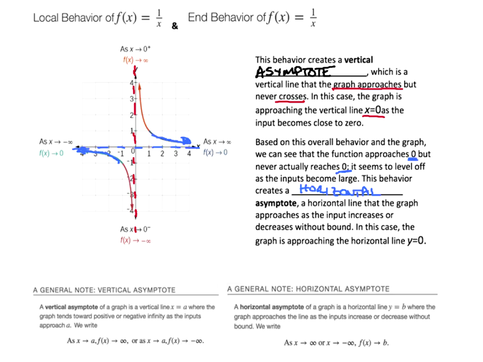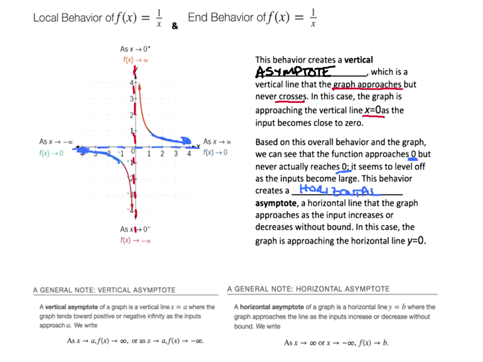Okay, a general thing to note about each of these types of asymptotes. The vertical asymptote of a graph is the vertical line x equals a, where the graph tends towards positive or negative infinity as the input approaches a. We write, as x approaches a, f of x approaches positive infinity, or as x approaches a, f of x approaches negative infinity.